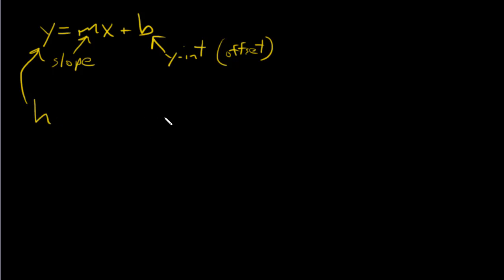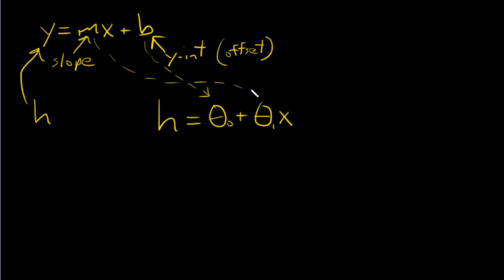So I'm going to rewrite this as h is equal to theta 0 plus theta 1 x, where my y-intercept is down here at theta 0, and my slope is over here as theta 1. Okay, I just reordered it.